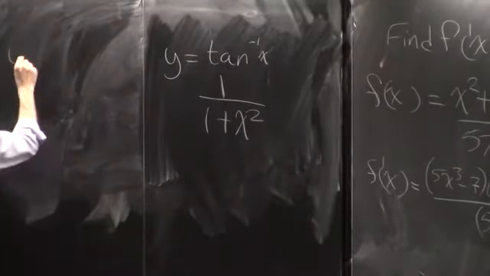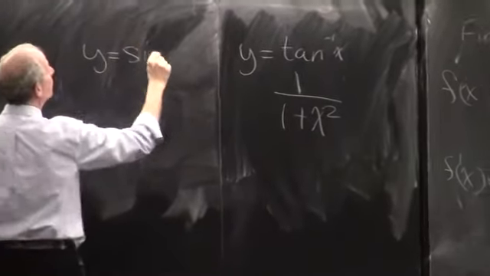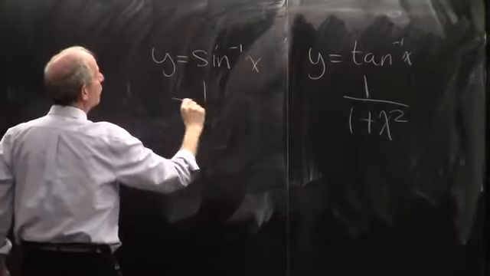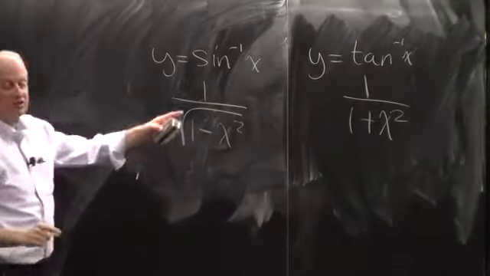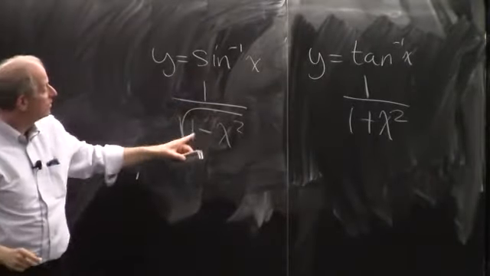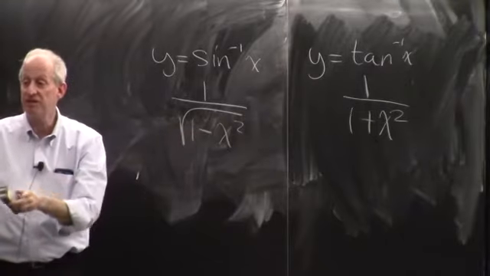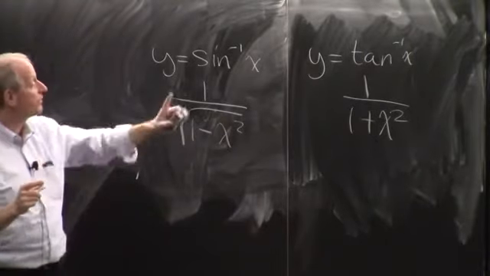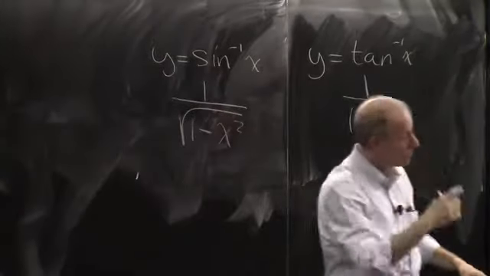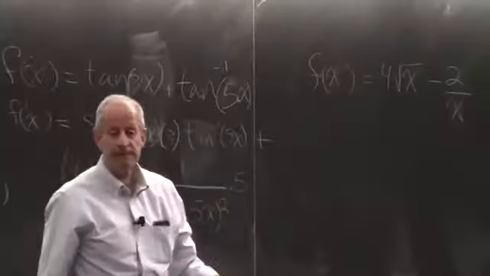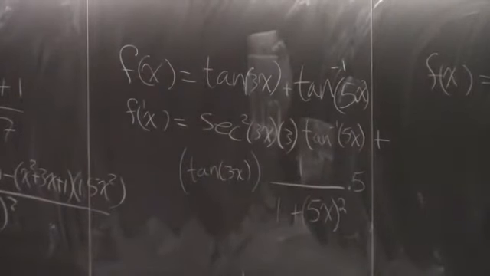What's the derivative of sine inverse of x? 1 over the square root of 1 minus x squared. So if it was sine inverse of 5x, you'd have 1 minus 5x parentheses squared. Then you have to multiply by the derivative of 5x, which is 5. Okay? Good? Bad? Love and life? Not so much? Okay?